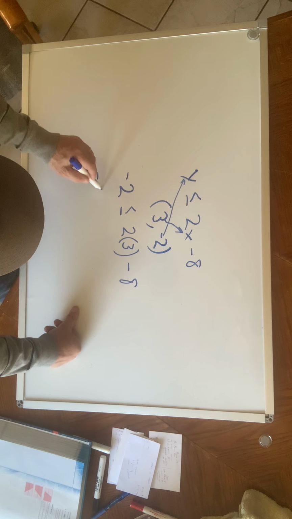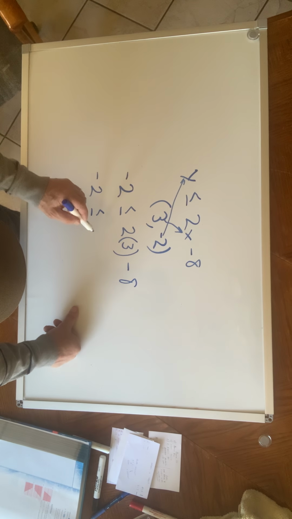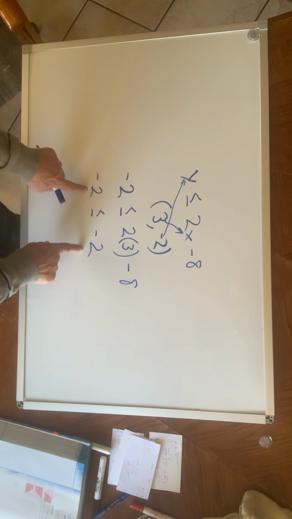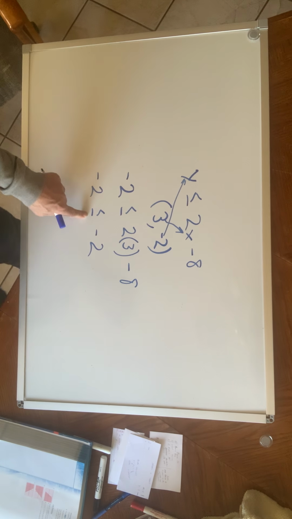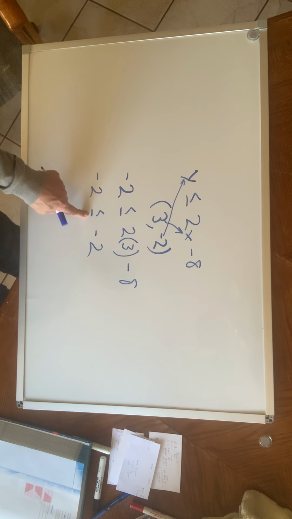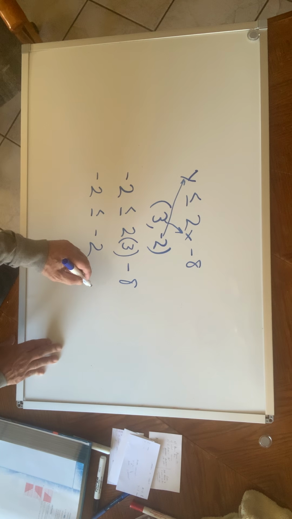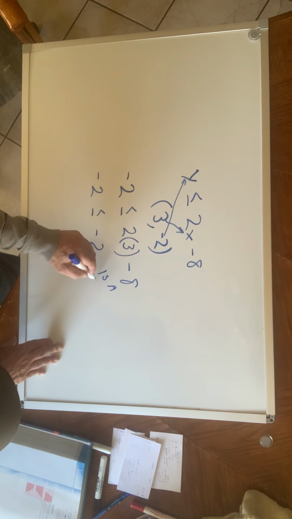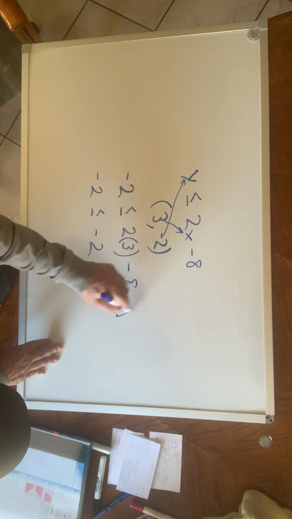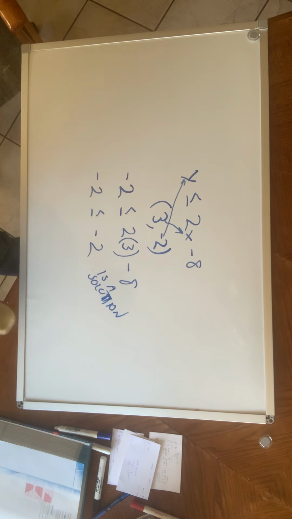So we got 6 minus 8 is negative 2. Is negative 2 less than or equal to negative 2? Yes, it is. It's not less than, but it is equal. So the answer for this one is it is a solution. Okay?